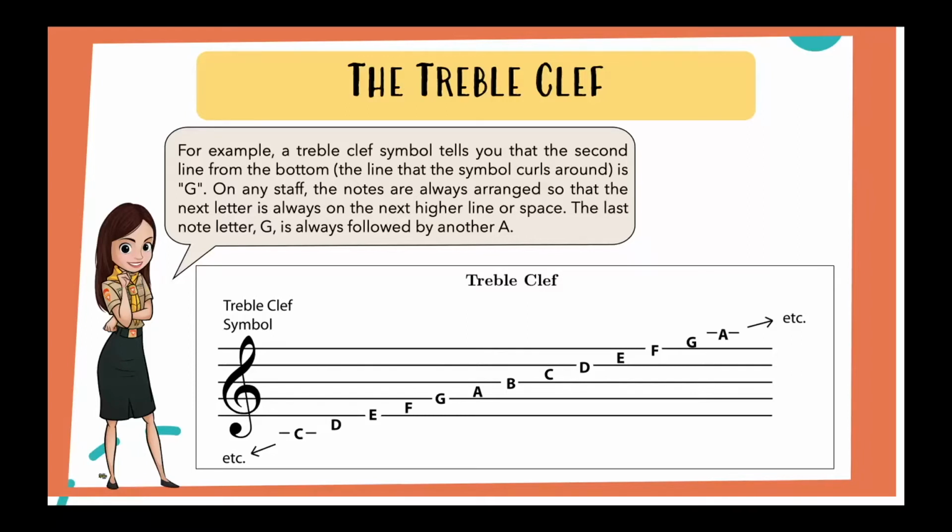So if we go here, you can see that it's going to be G. And from there, if you go up, you can just follow the alphabet. So it's G, and then A, B, C, D, E, F, G, and then it starts again with A.